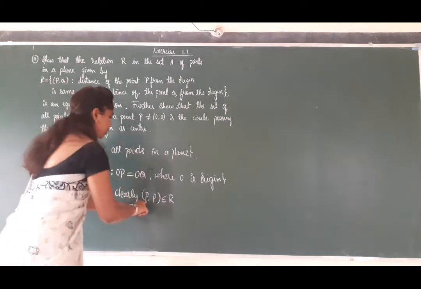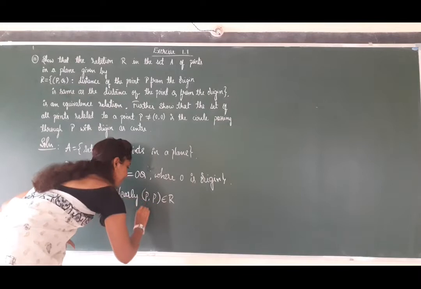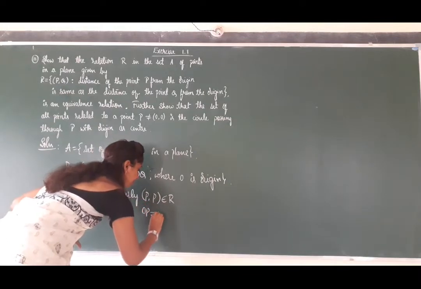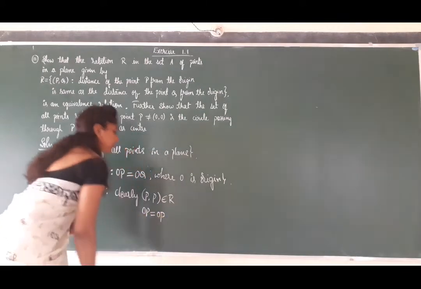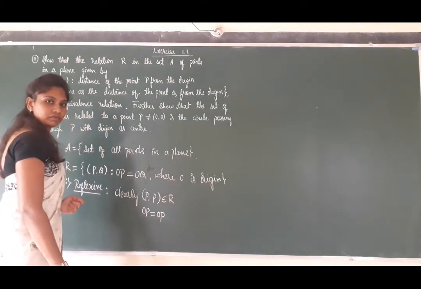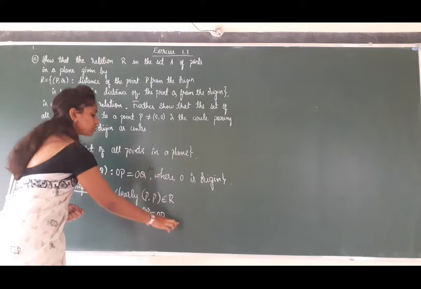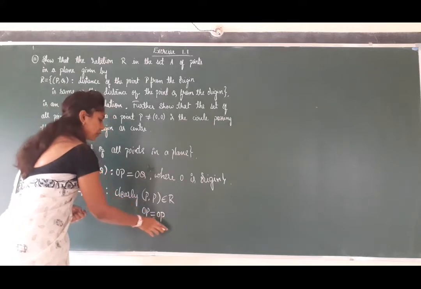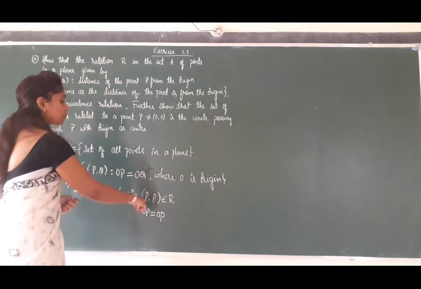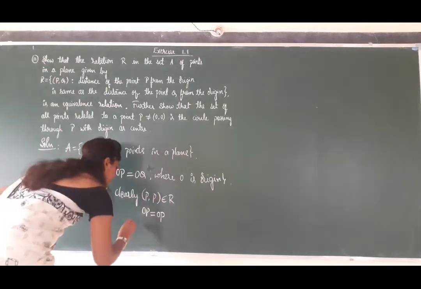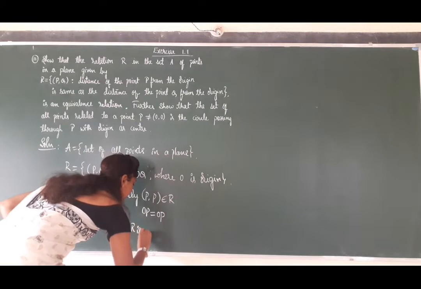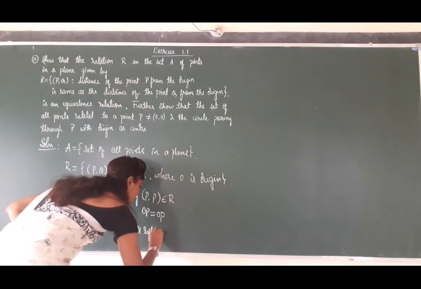Observe here. (P, P) means the distance of P from the origin is equal to the distance of P from the origin, that is OP is equal to OP, obviously, right? So OP equals OP means the ordered pair (P, P) belongs to R. Therefore R is reflexive.